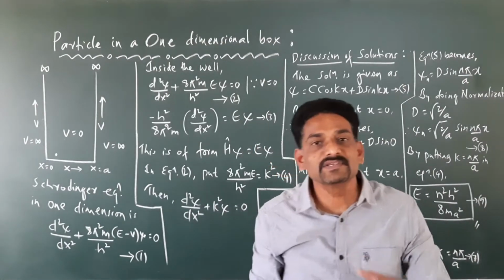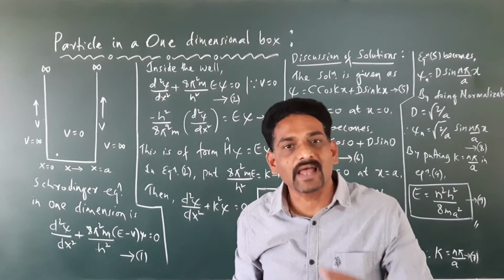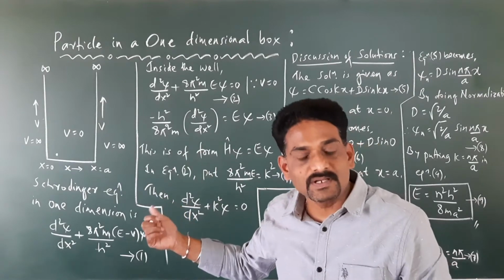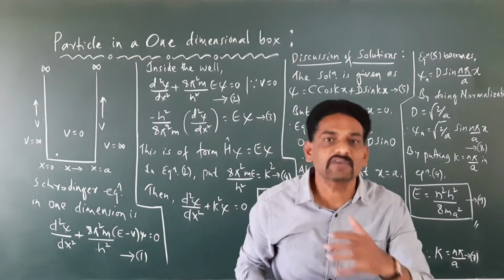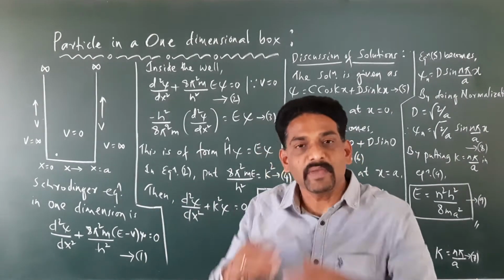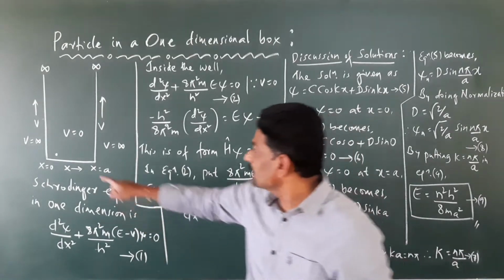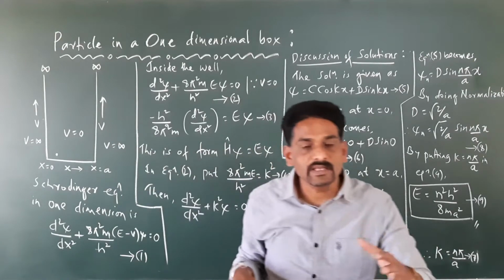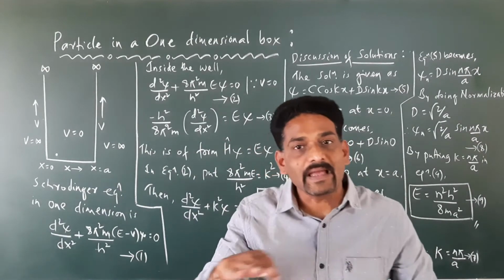I said this is one of the applications of the time-independent Schrodinger equation. By using this, we are going to find the energy of the particle. The main aim is to find the energy of the particle which is present in the box and moving in only one direction, that is the x direction.